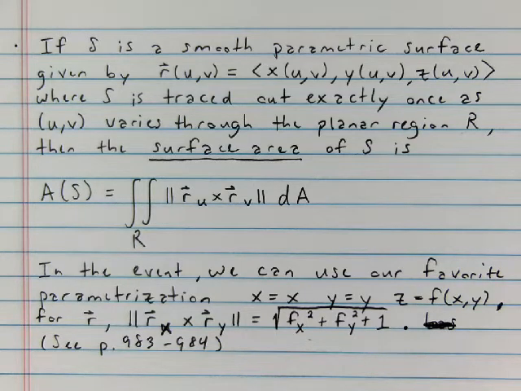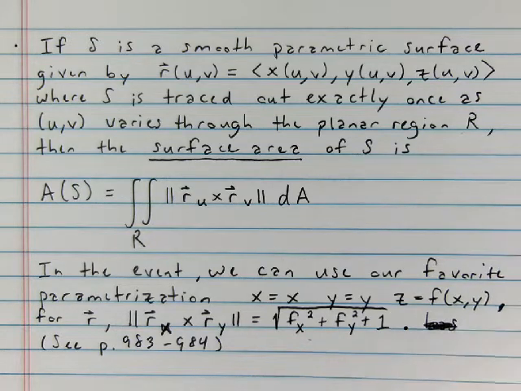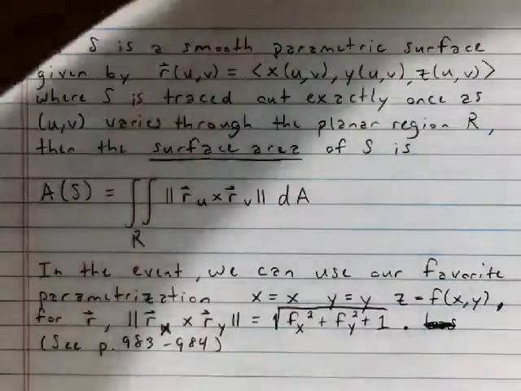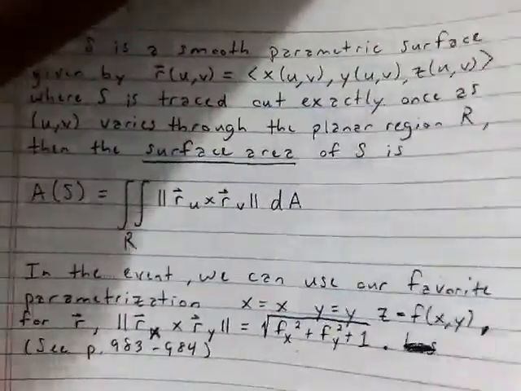All right, so now let's look at a problem. This problem is not going to fit on this page, so let's go to the next page. We're going to look at number 22 on page 985.